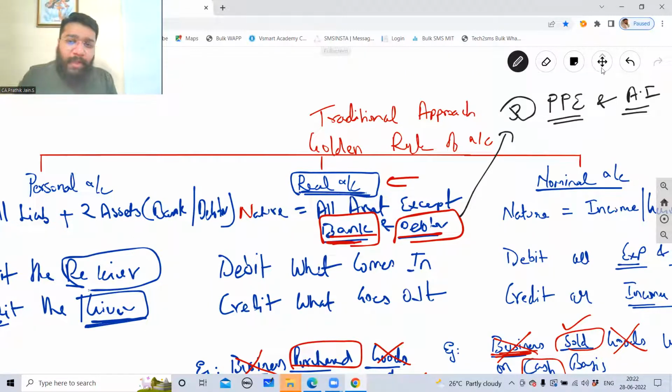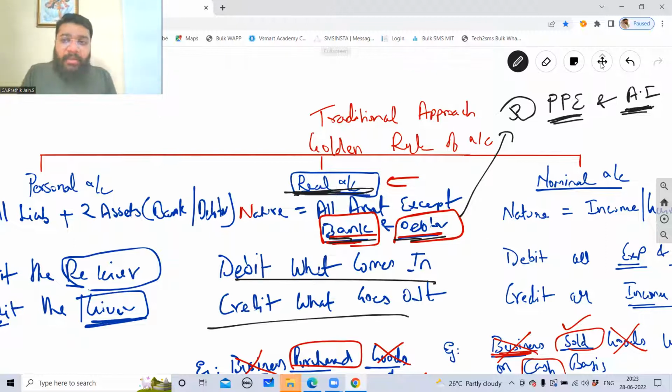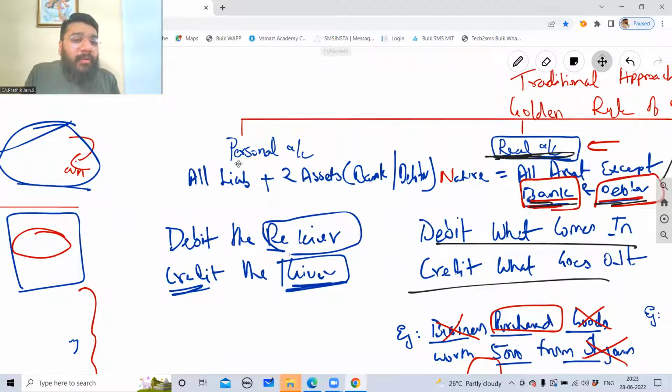So guys, I told you that except prepaid expenses and accrued income, bank and debtor, all the assets will enter the real account and follow the rule of real account. Whereas these four, that is bank, debtor, prepaid expenses and accrued income, will take help from the personal account.